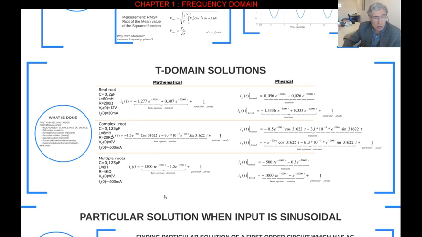So what does this mean? Physically, an exponentially decreasing function means its effects are limited in time, because when you increase the time, this value is going to disappear. So after a few seconds in practice, this is going to disappear. That's why we call this homogeneous solution at the same time the transient solution, because it is going to disappear.